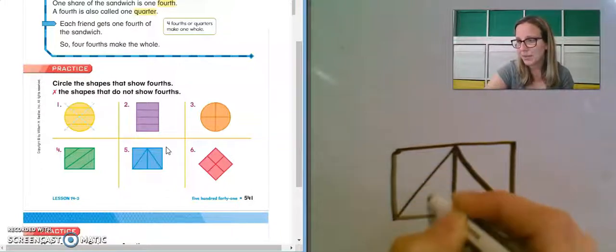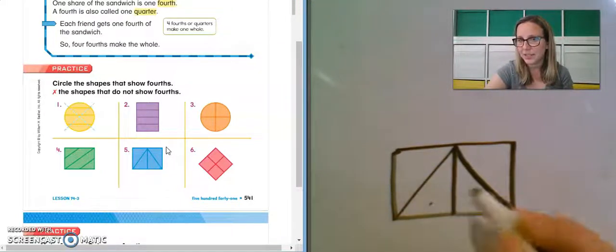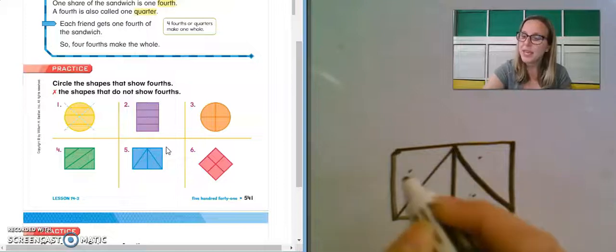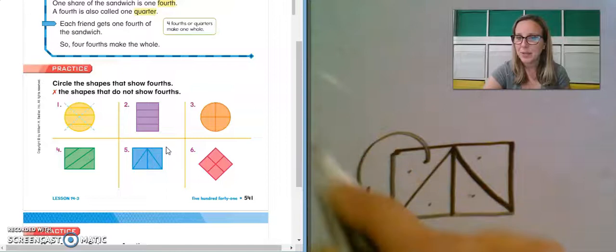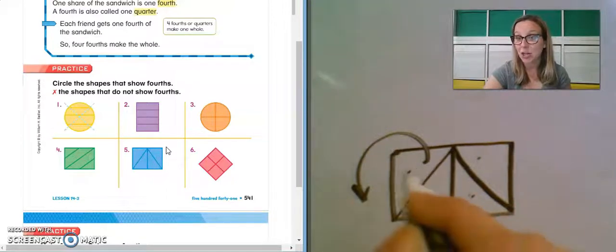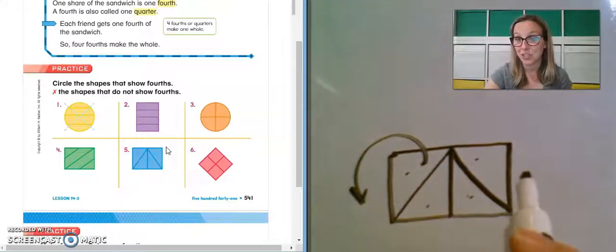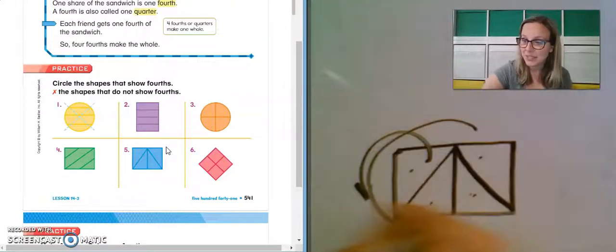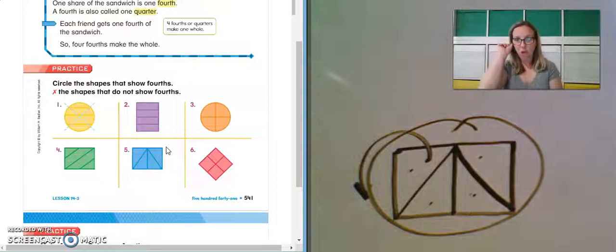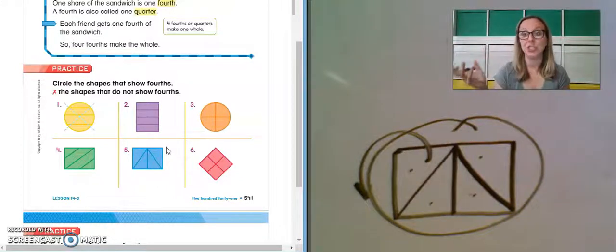Now, even though it appears that these 2 triangles are a different shape than these 2, if we were to flip these 2 shapes upside down, we would see that they actually are the same size and shape. So for that one, if you were a little confused or not sure, I would say circle it because they're all equal size and shapes. They're 4 triangles that have the same amount.